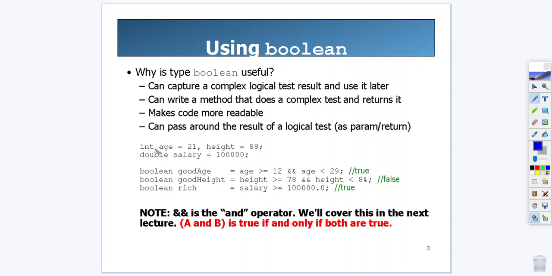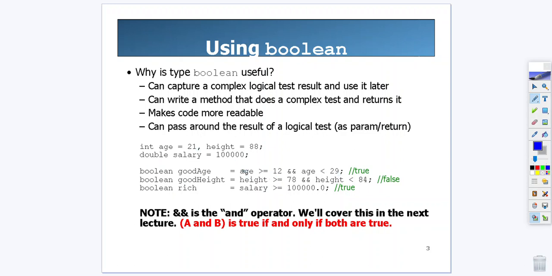So let's look here. Next time we're going to learn more about what this symbol means, but for some of you, you might remember that this means and: for something to be true in an and statement, both conditions have to be true. All right, so here, age is 21, height is 88, salary is 100,000. So good age is going to be assigned true or false depending on if this statement is true or false.